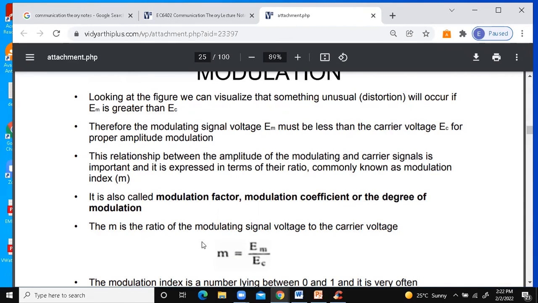M is the ratio of the modulating signal voltage to the carrier voltage.